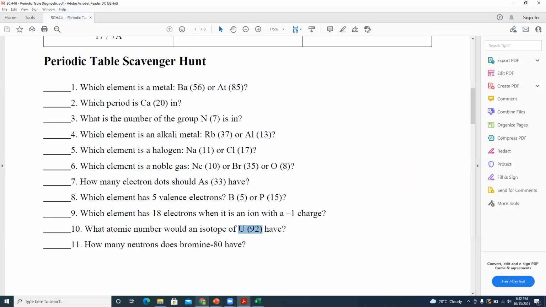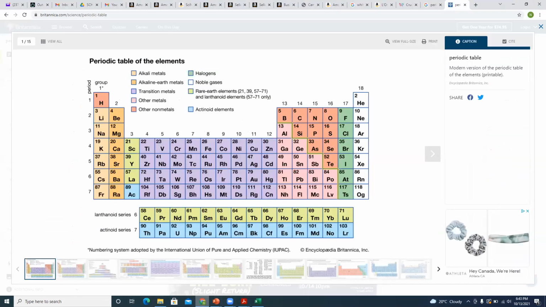And how many neutrons does bromine-80 have? How many neutrons does bromine-80 have? Let's have a look. Where is bromine? So there's bromine-35.